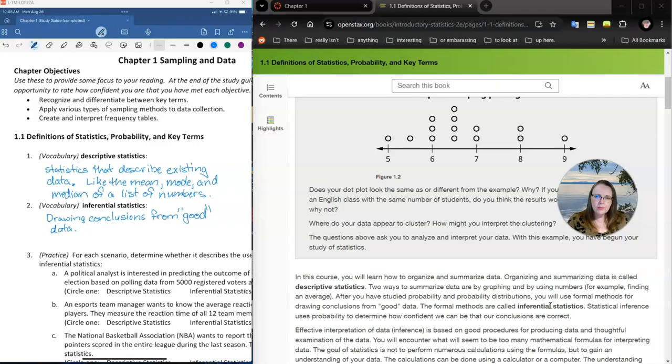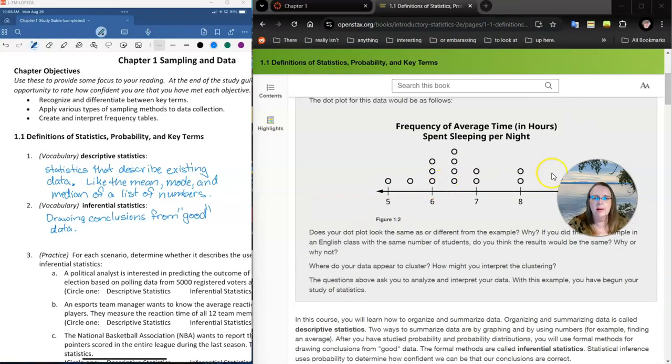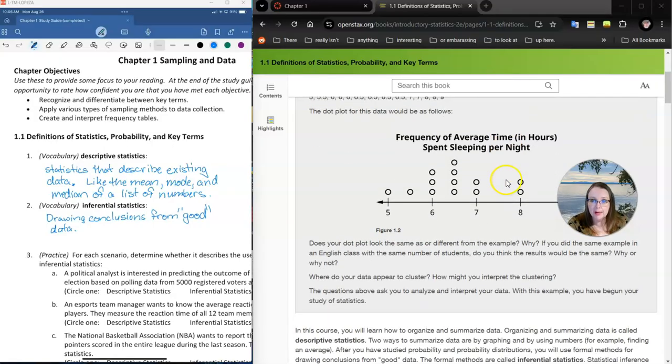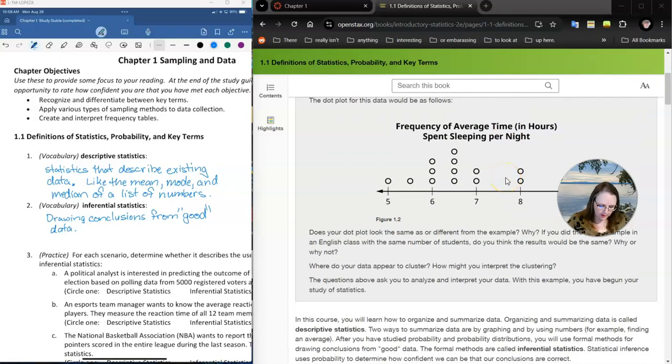And that would be something like taking the data that we see on the screen there, the data that we've got about the average hours spent sleeping per night. So, using data from, oops, I can actually spell, I promise.